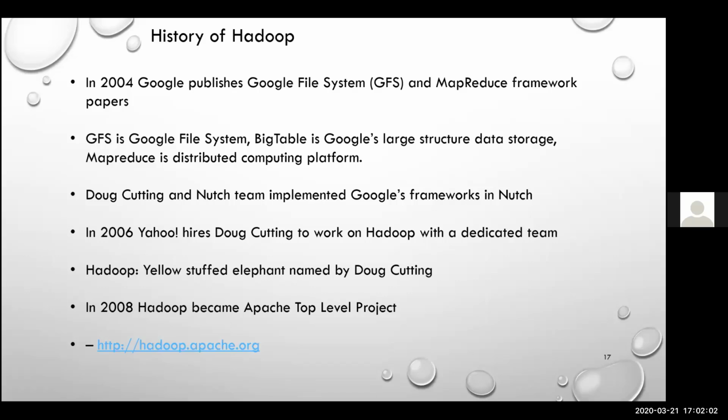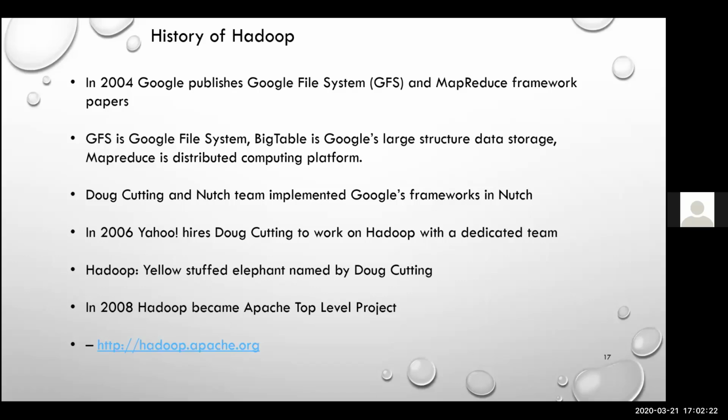After releasing this paper, yes, GFS is proprietary to Google and it's not for sale. But for the open source community, they have shared their techniques and details, and later a team formed, and in 2006 Yahoo hired Doug Cutting to work on Hadoop with a dedicated team.